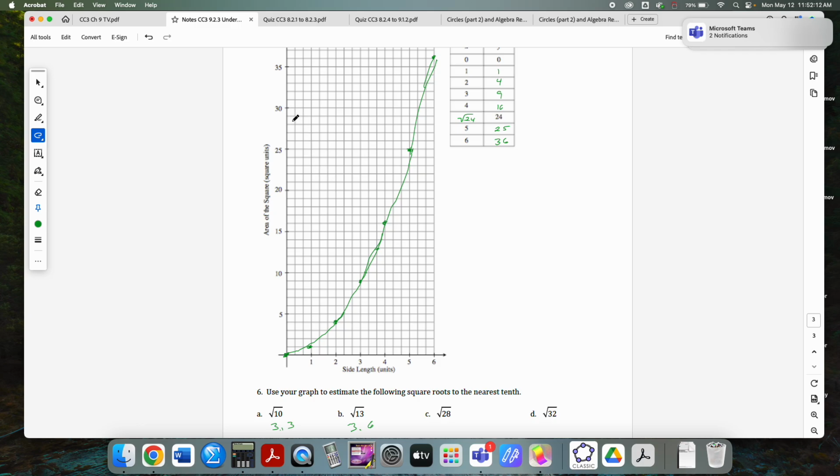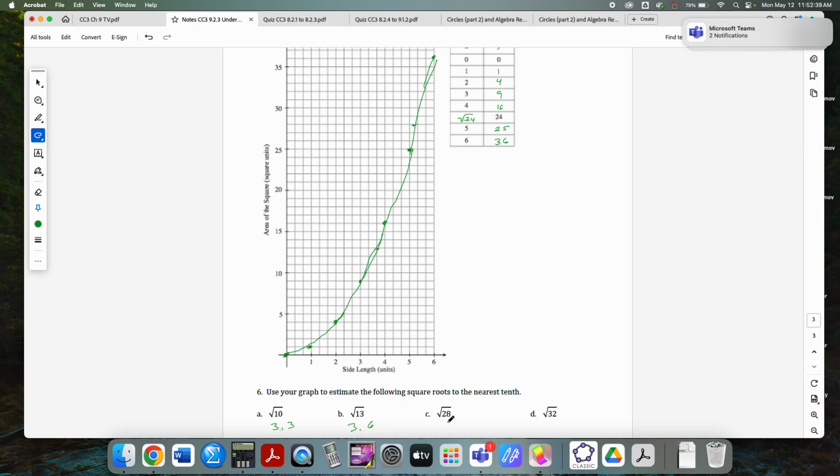Square root of 28. It's right there. And again, we're estimating that, so I got to come all the way down to here. That is really difficult to do when you're trying to look at this on the screen. Yeah, a little less than 5.3.